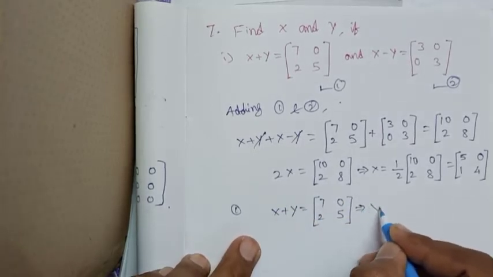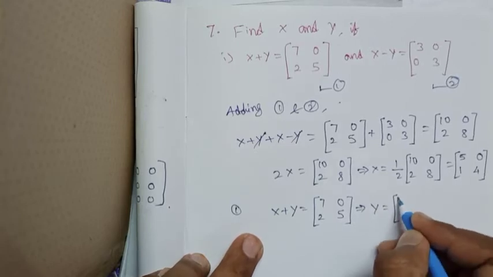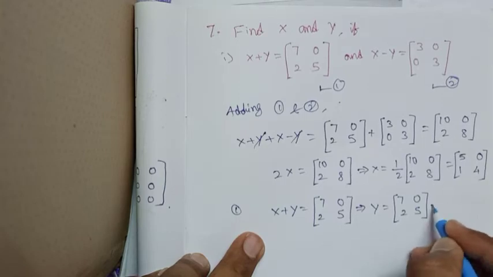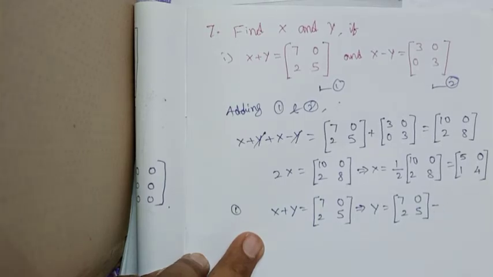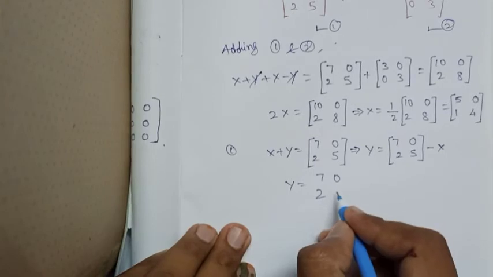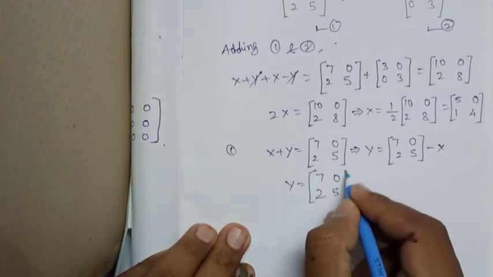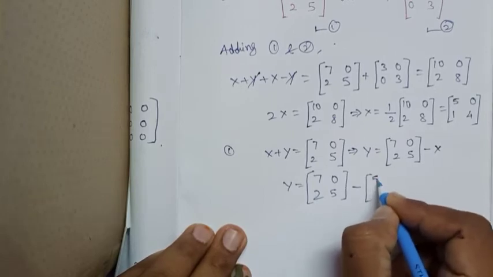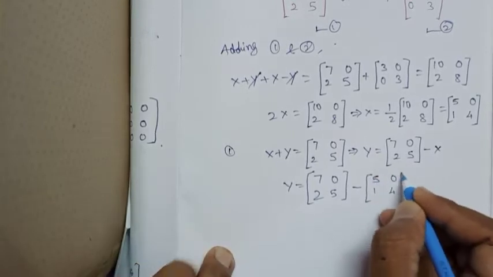We get y, which is equal to 7, 0, 2, 5 minus x. Now y is equal to 7, 0, 2, 5. Now substitute the matrix x. The x matrix is 5, 0, 1, 4.